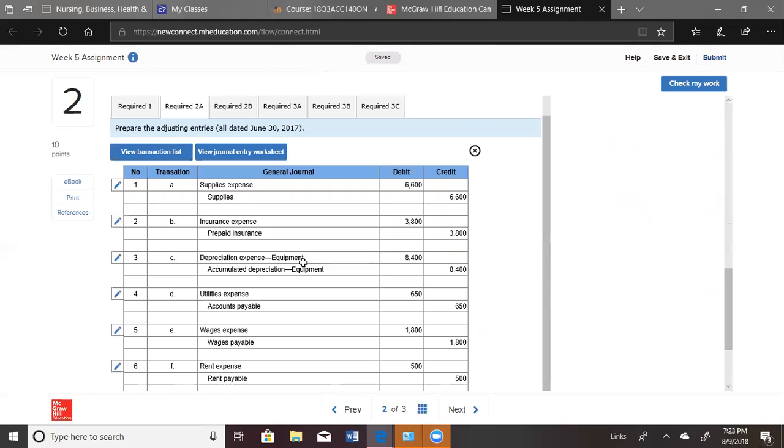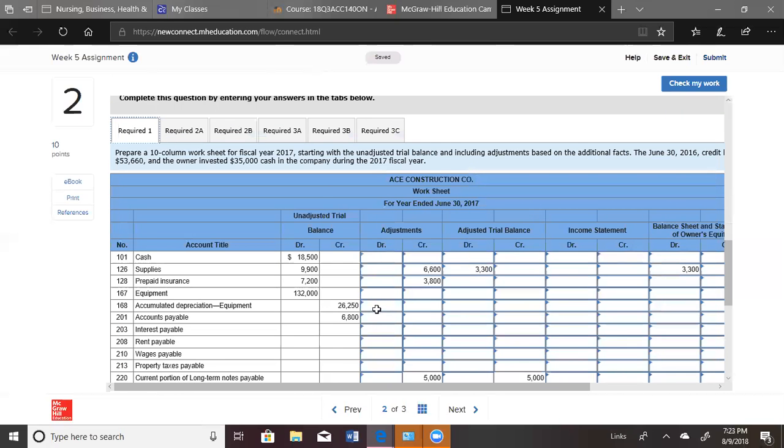Debit. It'd be so much easier if we could see both screens at the same time. Yes, ma'am. And then credit for accumulated of 8,400. There, that's all it is.